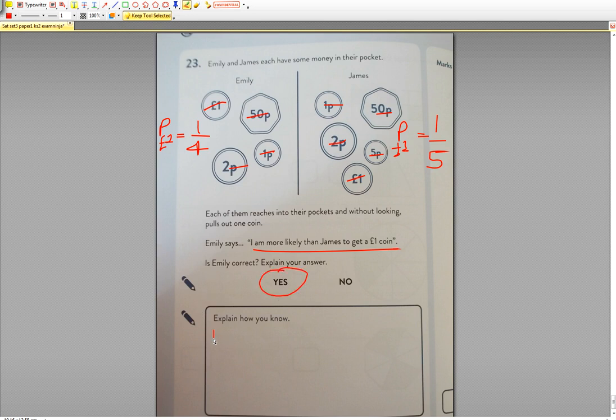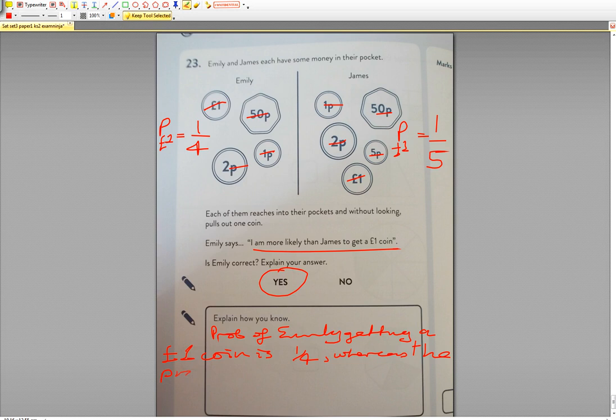So let's write down here the probability of Emily getting a £1 coin is 1 quarter. Okay, I'm gonna write slightly outside the box. Please, you keep all yours inside. Are you copying this stuff down?